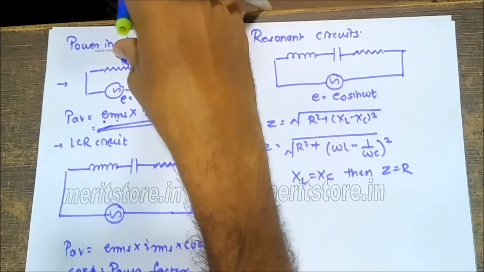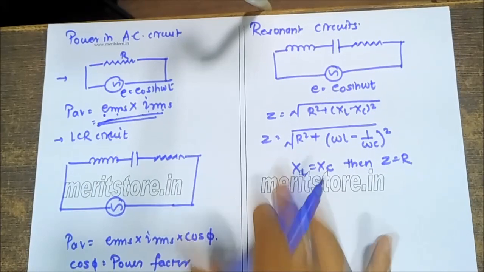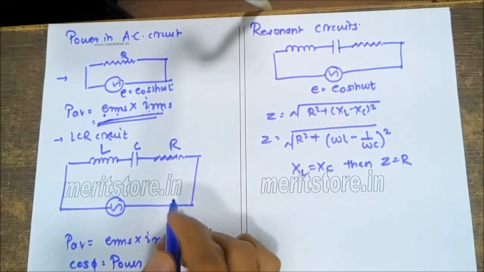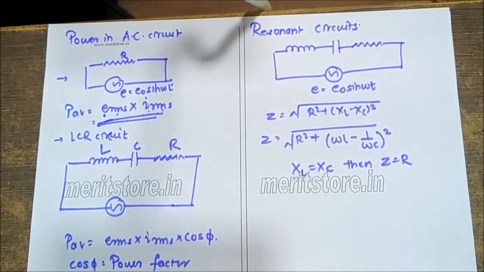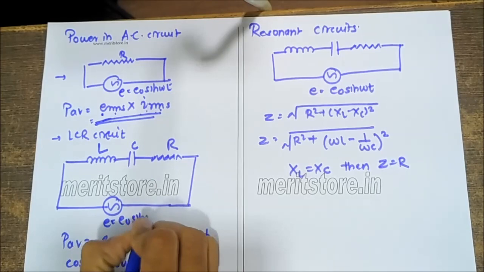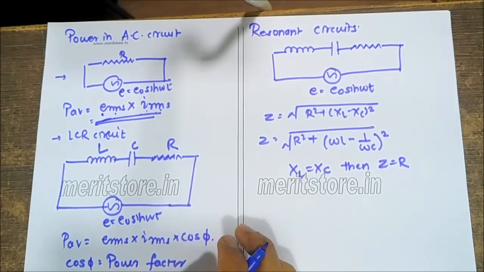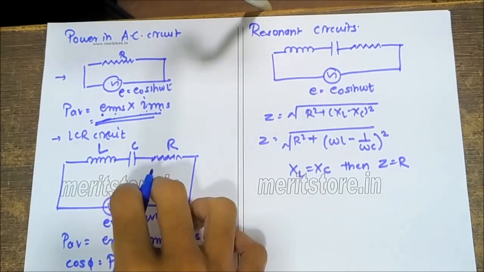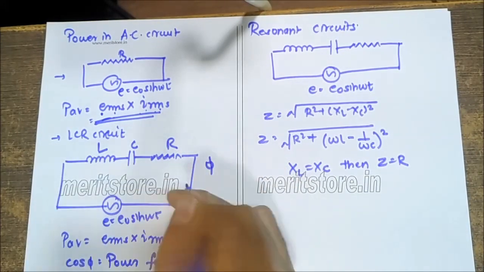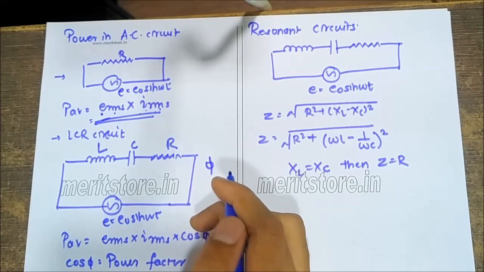Next we talk about the power in the LCR circuit. Here is your L, here is your C, here is your R, all three connected in series with this alternating EMF, E equals E0 sin omega t. In this circuit there is a phase difference phi between the applied EMF and the current, as we have seen earlier in the phasor diagram.